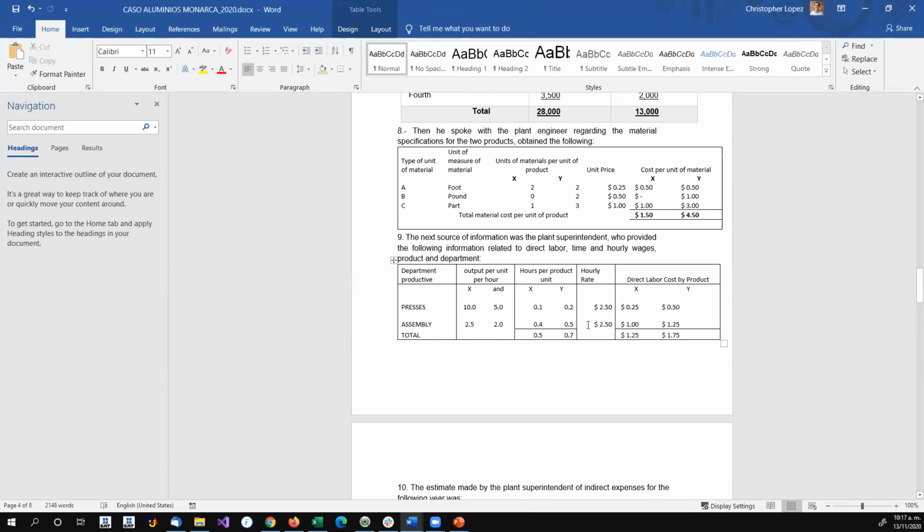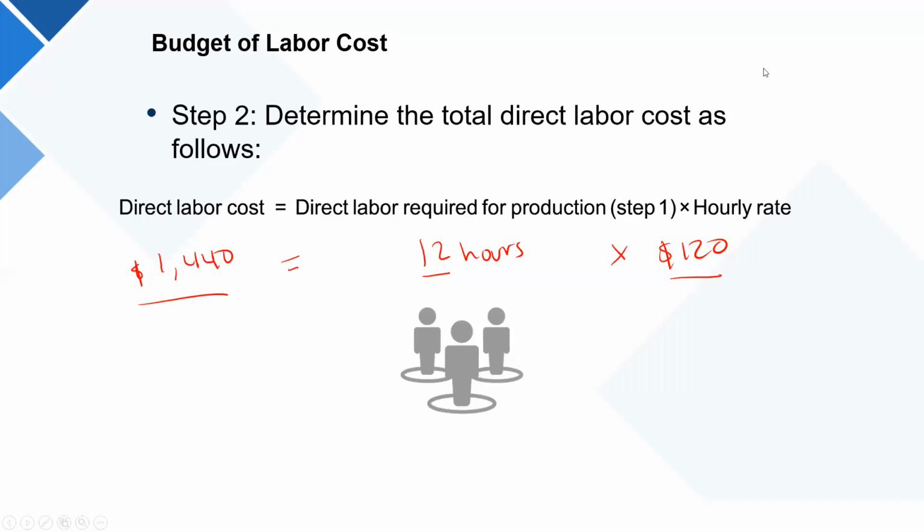Just have it as hourly rate. That's a mistake of the Word document. Okay, thank you. Okay, so no other questions regarding the process of building the budget? No, I think not.